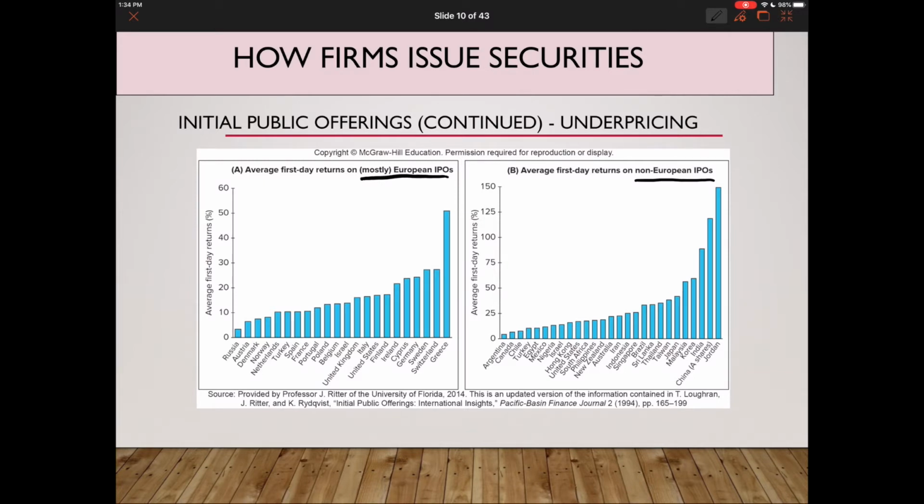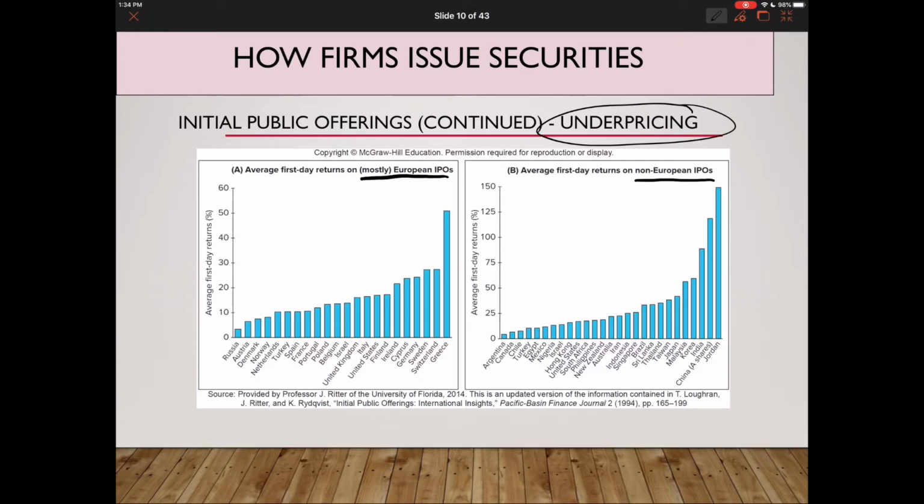You can look at these different countries and what their typical average first-day returns are, but this is really just a showcase that oftentimes IPOs are underpriced from what they could actually earn. So it's thought that these companies that are initially offering these securities are actually missing out on funds that they could have raised if they had a higher IPO price.